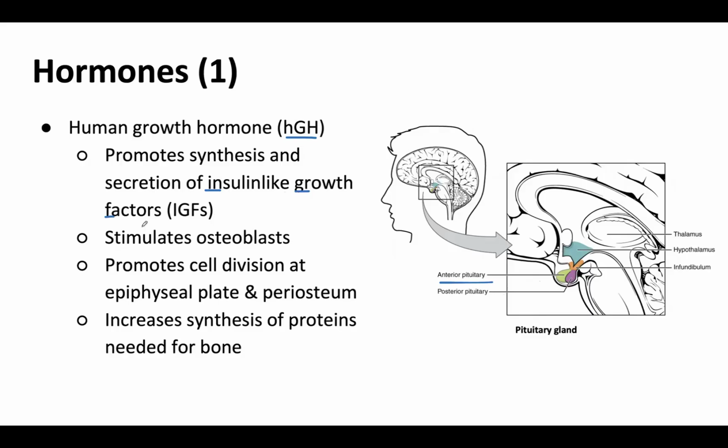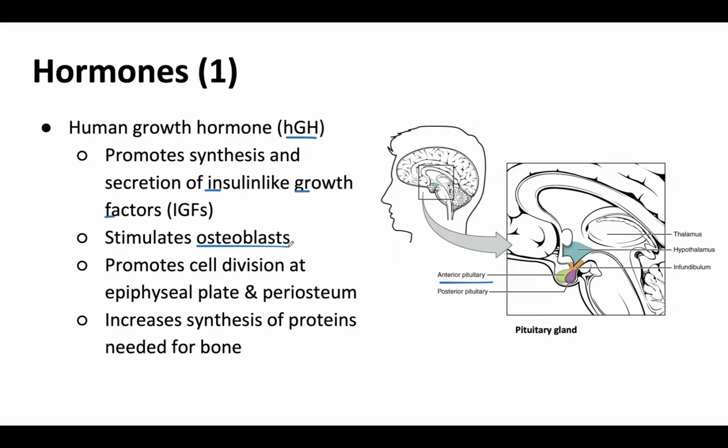IGFs will increase growth rates by stimulating osteoblasts and cell division at the epiphyseal plates, as well as the cells associated with the deep portions of the periosteum. And it will also increase the synthesis of proteins necessary for bone.